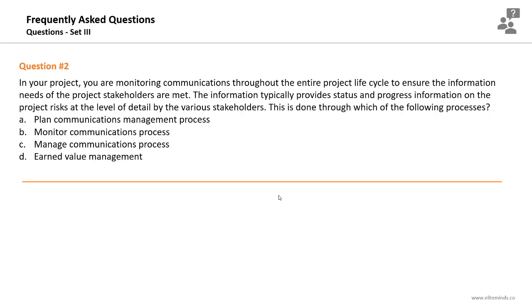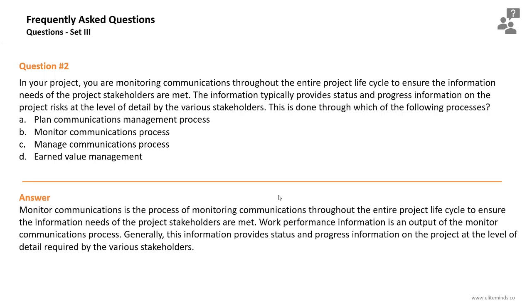So it's a communication management process, and it's very clear as the question starts with you are monitoring communications throughout the entire project, and this is done as part of the Monitor Communications process. It is the process of monitoring communications throughout the entire project life cycle to ensure the information needs of the project stakeholders are met.